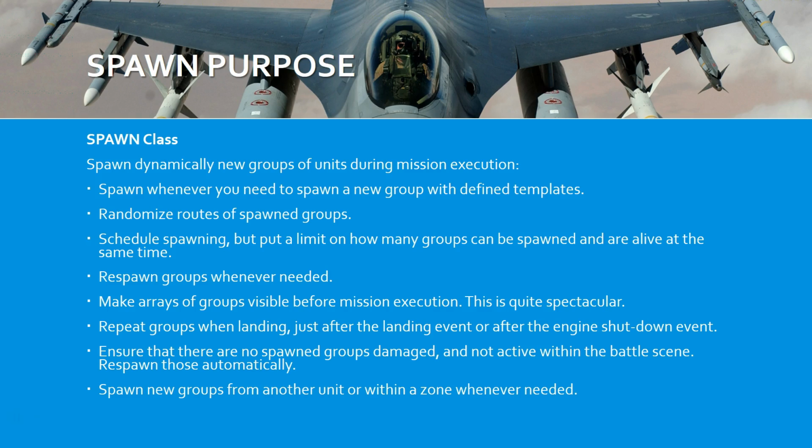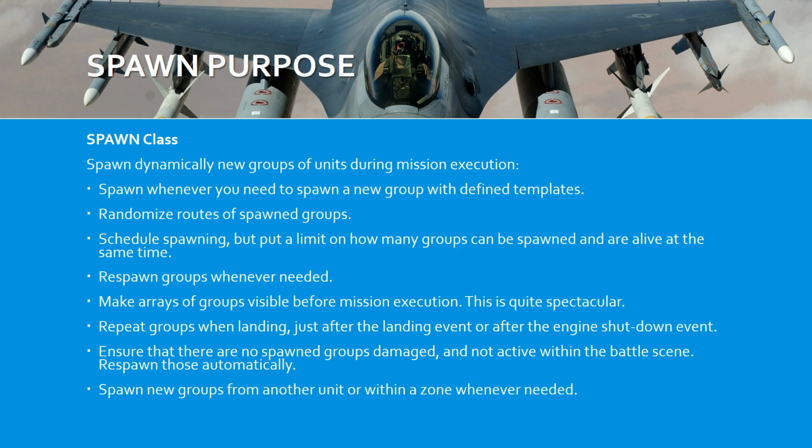Spawning will allow you to randomize the routes of spawn groups. It will allow you to schedule spawning new groups with defined timing intervals with randomization on the timing, but also putting a limit on how many groups can be spawned and how many groups or units are alive at the same time.